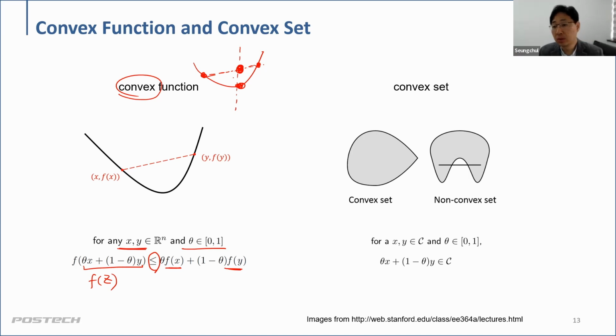And let's move on to convex set. If I ask you to draw a convex set, even though I didn't give you the exact definition, probably you can draw it, like that.